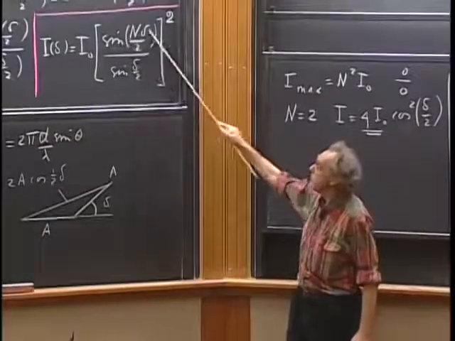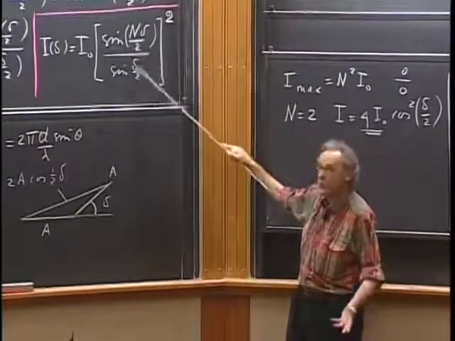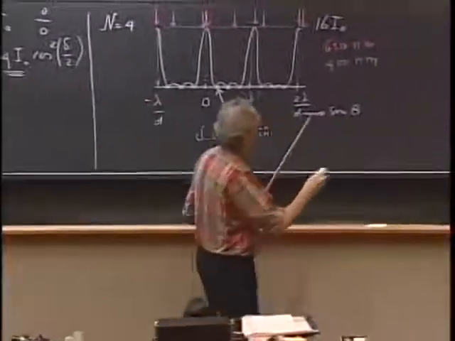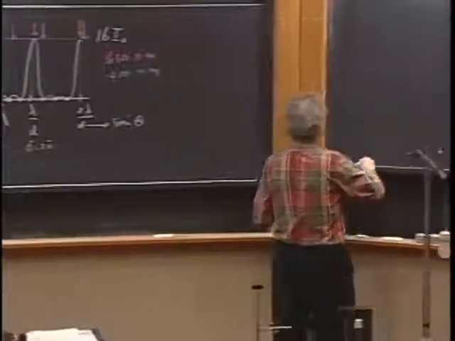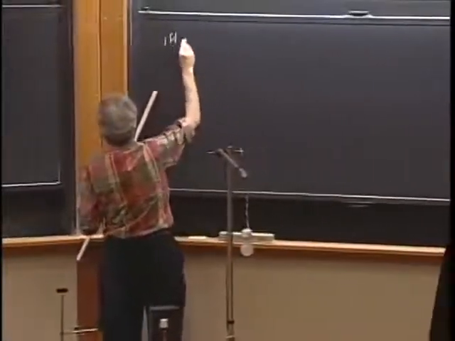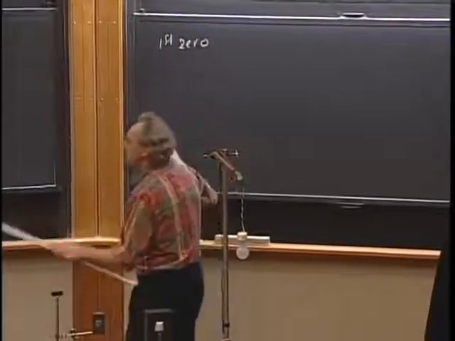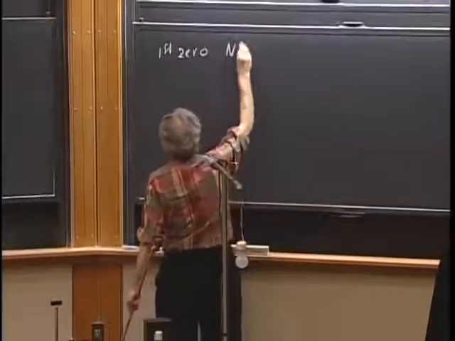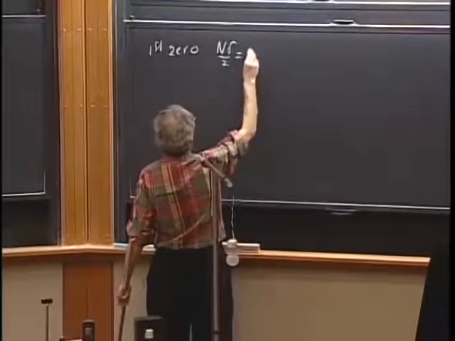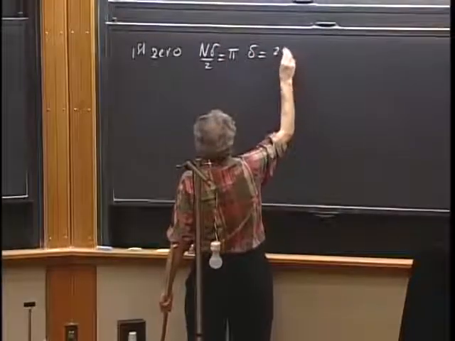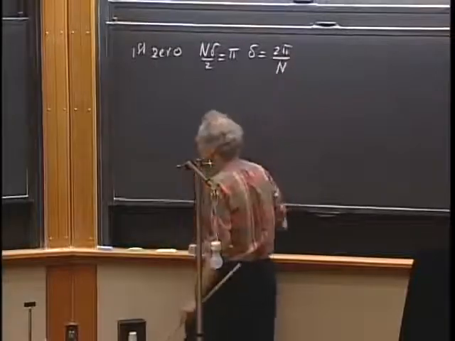That is when this is pi. When it is 0, they're both 0. But when that is pi, then of course I would have my first 0. So let's do that here. I call that my first 0. That is the case when n delta divided by 2 is pi. And so that means when delta is 2 pi divided by n.